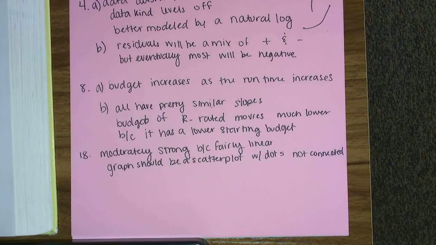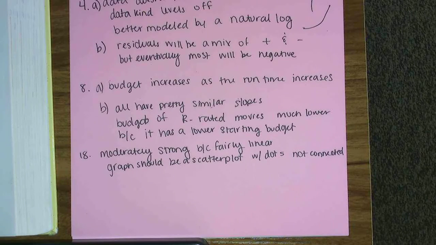Like, I got a 1050 on my SAT, but my GPA was a 4.23. So mine would not fit this data line at all.